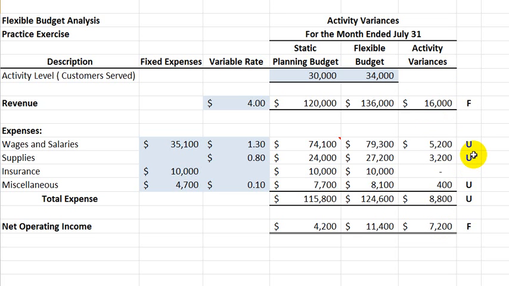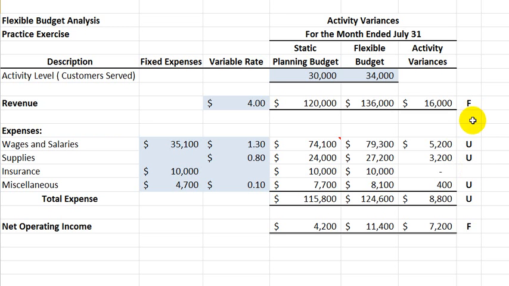Now in the case of the expenses, they will generally be unfavorable because to the extent we have variable expenses or variable expense rates and we have more customers, that will generate an increase in expenses over what we originally budgeted. So activity-wise, yes, we're going to have $5,200 more wages and salaries than what we had originally budgeted months ago.